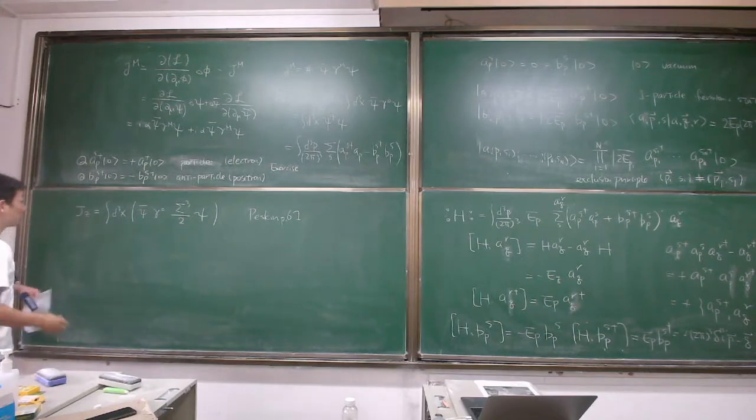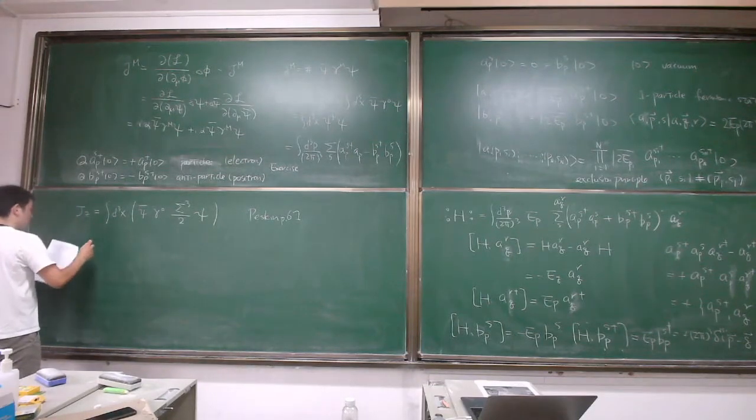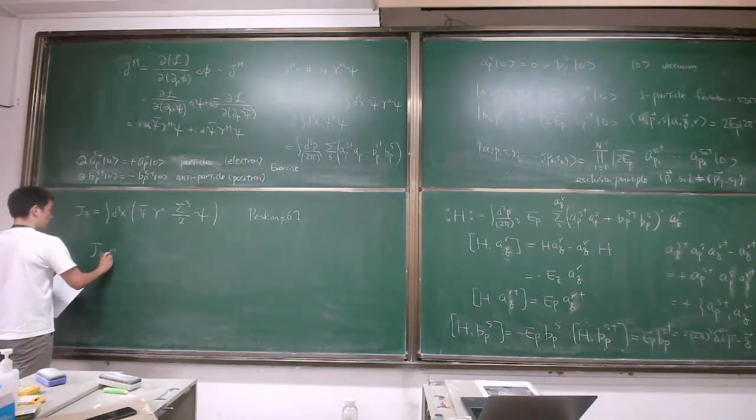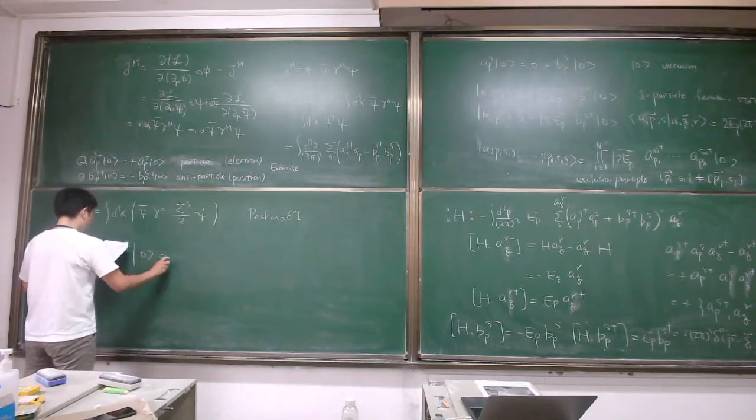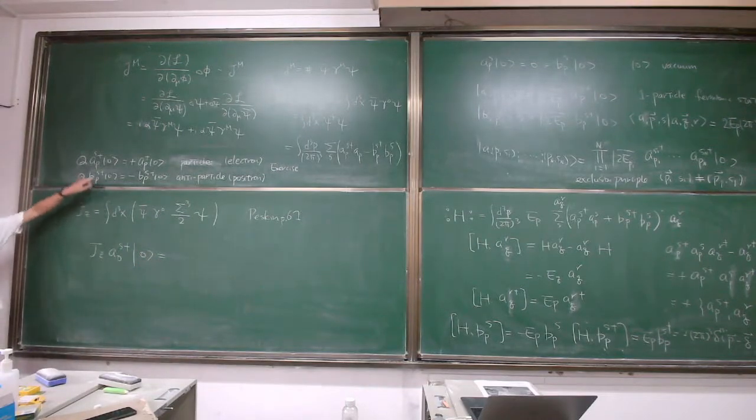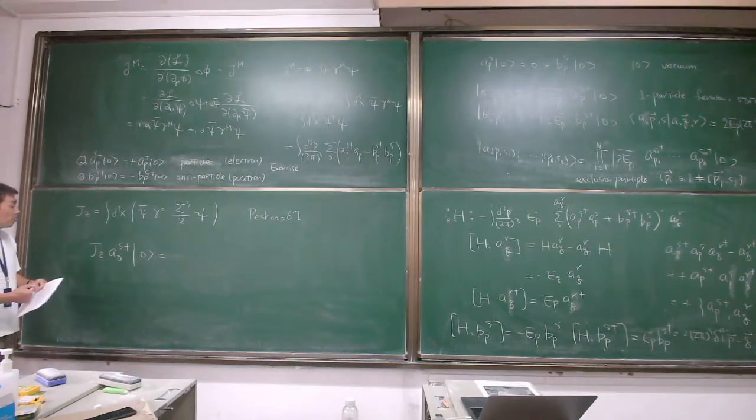So if you plug that in, one can show the following. J^z, I'm going to be very brief from here. Acting on the state with p equal to 0, this momentum equal to 0, you just go to the rest frame of this particle.